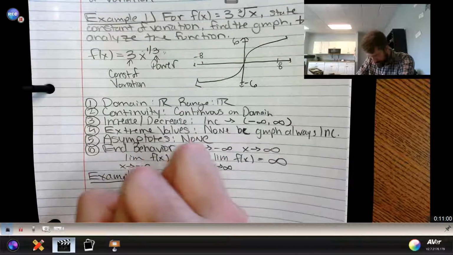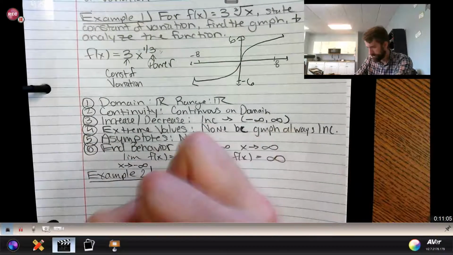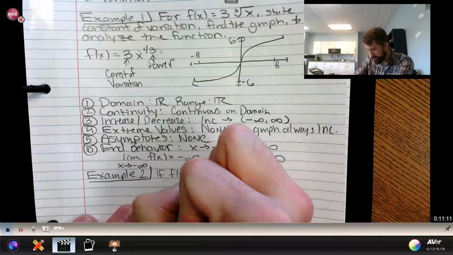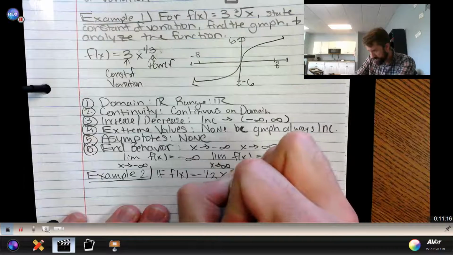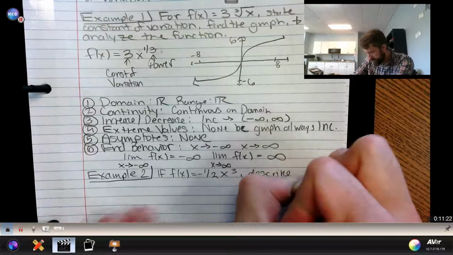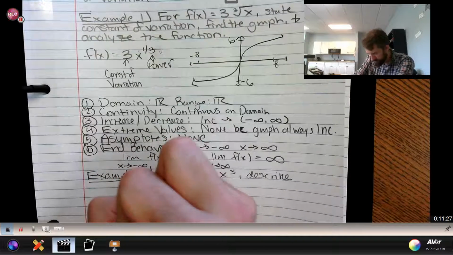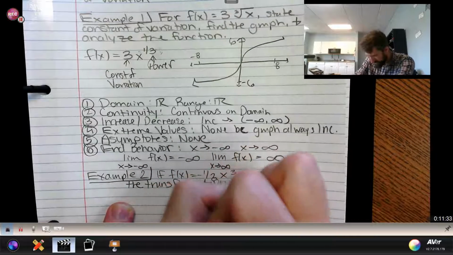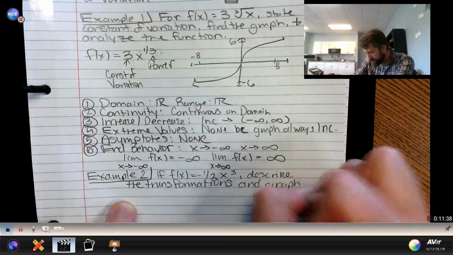Now, the next example that we're going to look at is really just a transformation problem. It's just worded a little bit differently, okay? If f of x is negative 1/2 x to the third, describe the transformations and graph f.